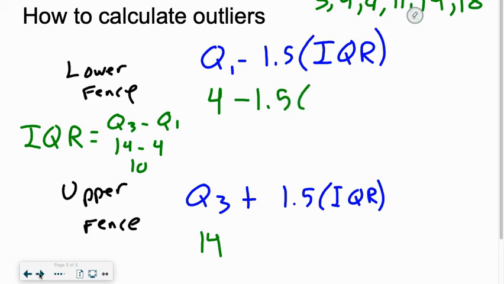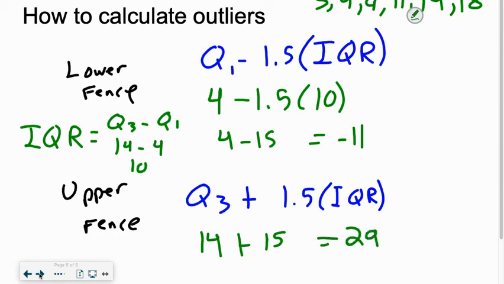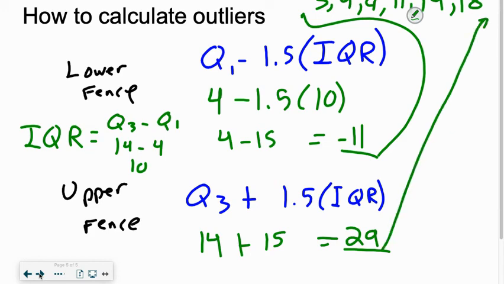We know the IQR is 10. So 4 minus 15 is negative 11. Now Q3 plus 1.5 times 10 is 15. We get 29. So those are our upper and lower fences. So if you notice, there's no numbers below -11, and there's no numbers above 29, so there are no outliers.